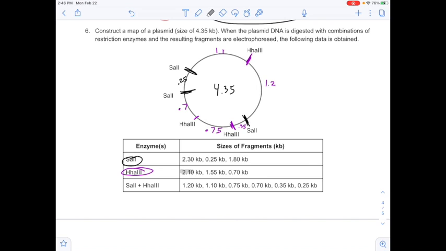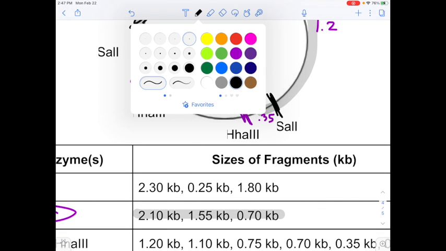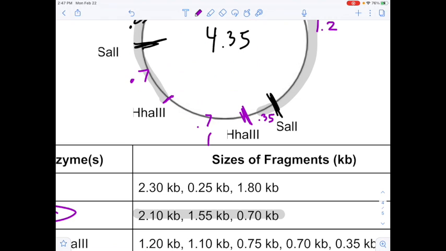If I just made the purple cuts, I would have a 2.10. So the 2.10 would be if I added all those up. No, sorry. 2.10 would be if I added the 0.7 plus 0.25 plus 1.1. The 1.55 would be if I added the 1.2 and the 0.35. And then the 0.7, oops, okay. Looks like I did that wrong. That should be 0.7. 0.7 would go there.